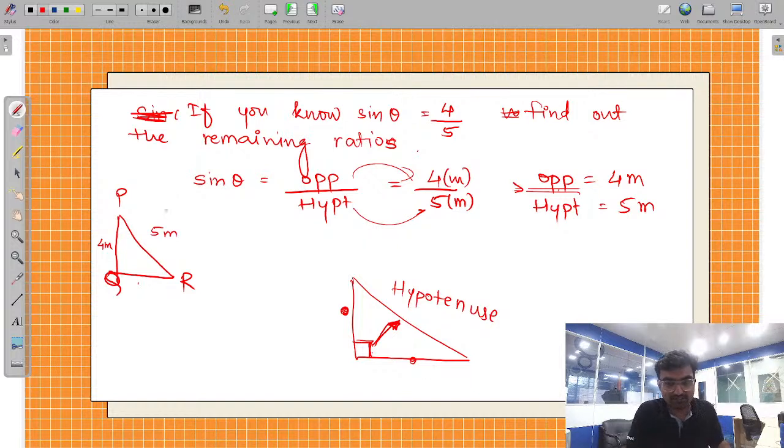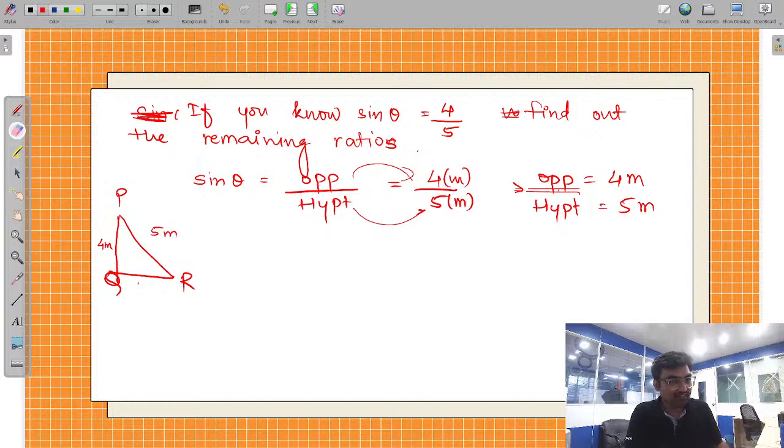So yeah, now we got the third side as well, that was 3m, correct? That is adjacent side, that is 3m, correct? So now let's start. Sine, that we already know, so we have to find out cos. What is cos theta? Cos is adjacent upon hypotenuse.